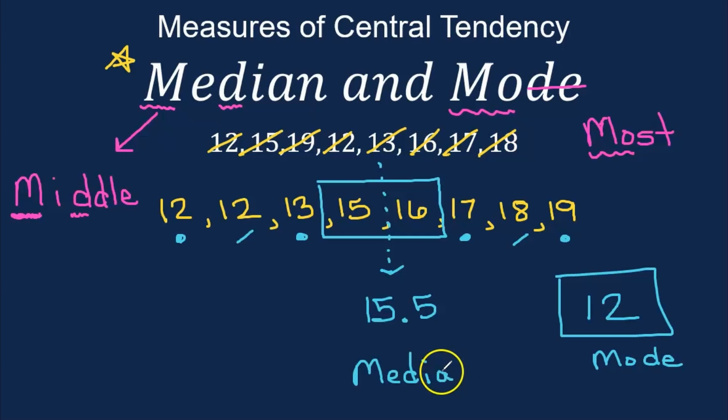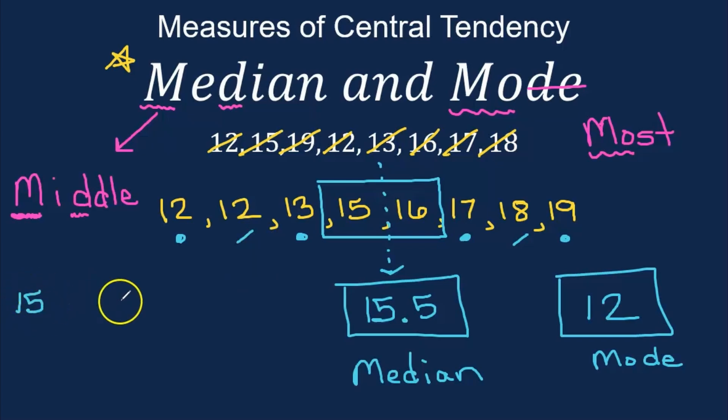Now, if you're a little bit confused about how I found that, let me show you. The simple way to do it, since this is only one number away, is to know that halfway between 15 and 16 is the 0.5.